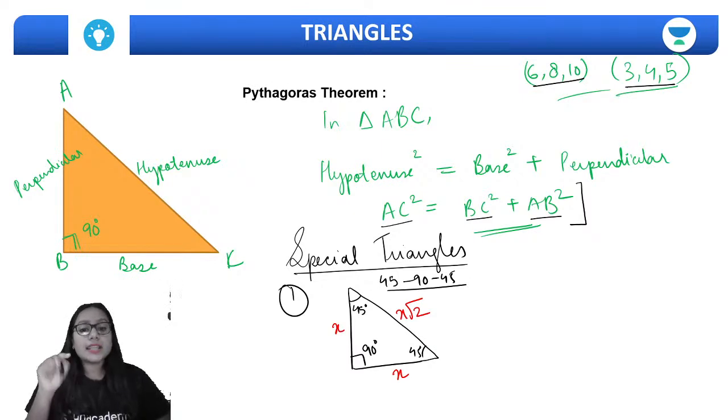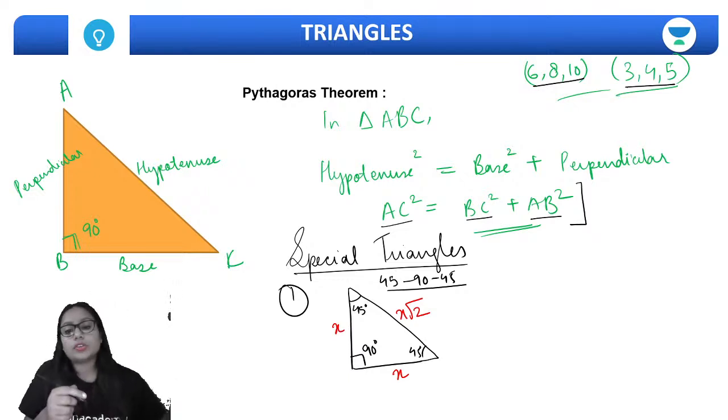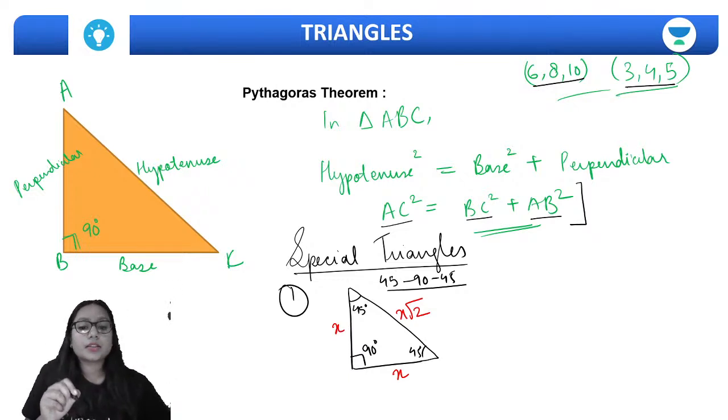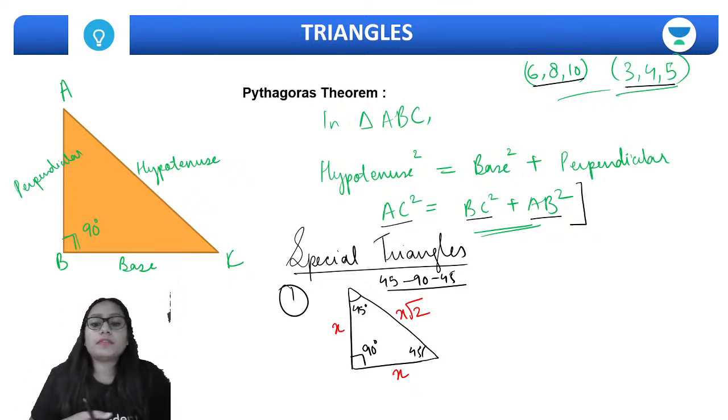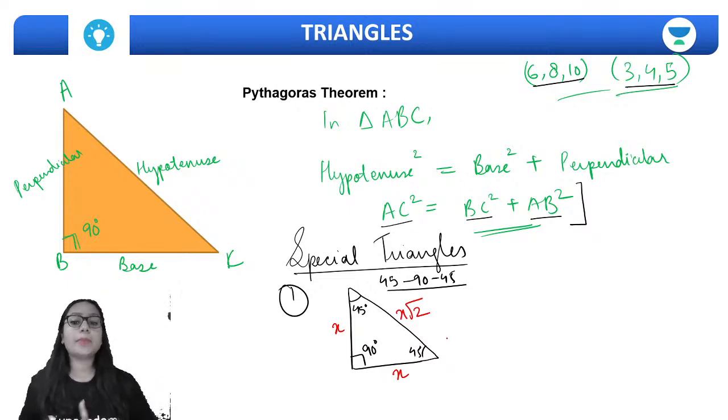But when such a 45, 90, 45 degree triangle comes in your CAT exam, you will not waste your time in applying the Pythagoras theorem or trigonometry. This you should remember. It should already be stored in your mind that for a 45, 90, 45 triangle, it means both these sides are x, so the hypotenuse would be x root 2. I hope I am clear with this.